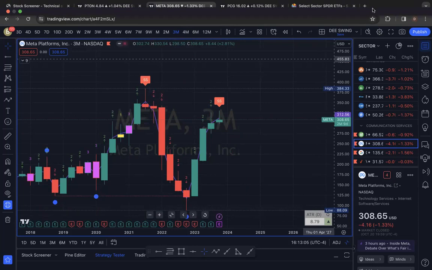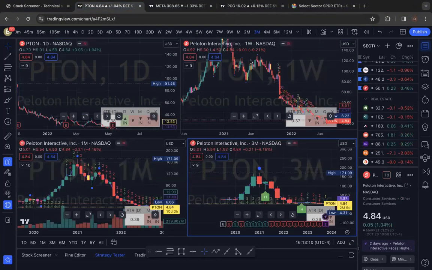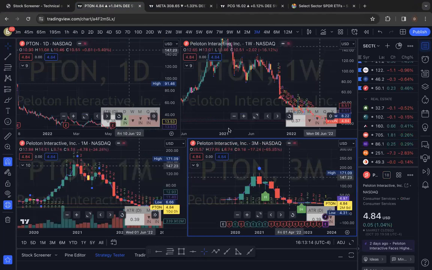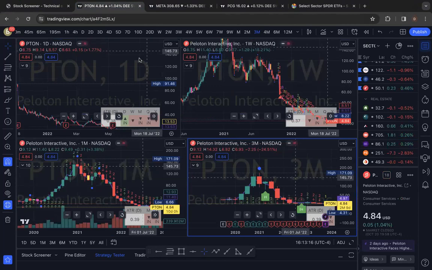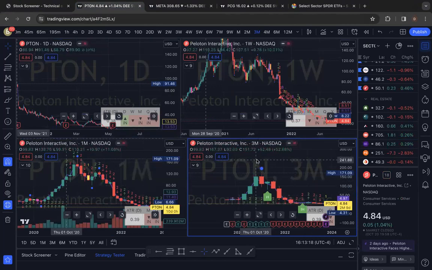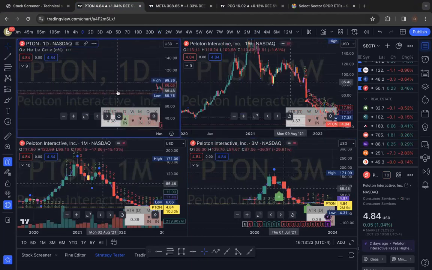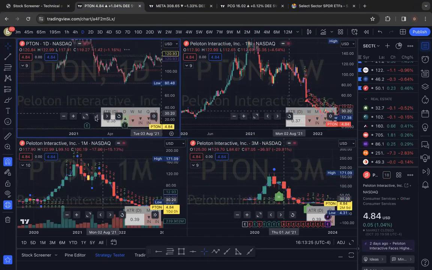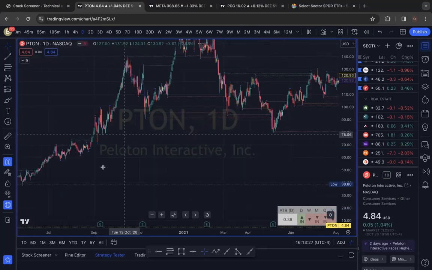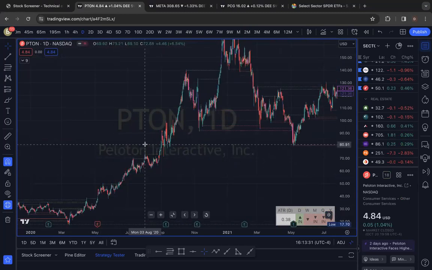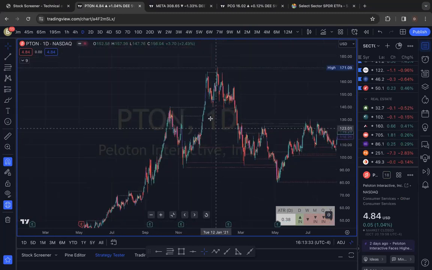And I pulled up Peloton for reference. Let me move this out of the way. I hate Zoom sometimes. If you were looking at Peloton on the daily time frame, this would be similar to my story, where all the employees think everything is going good.